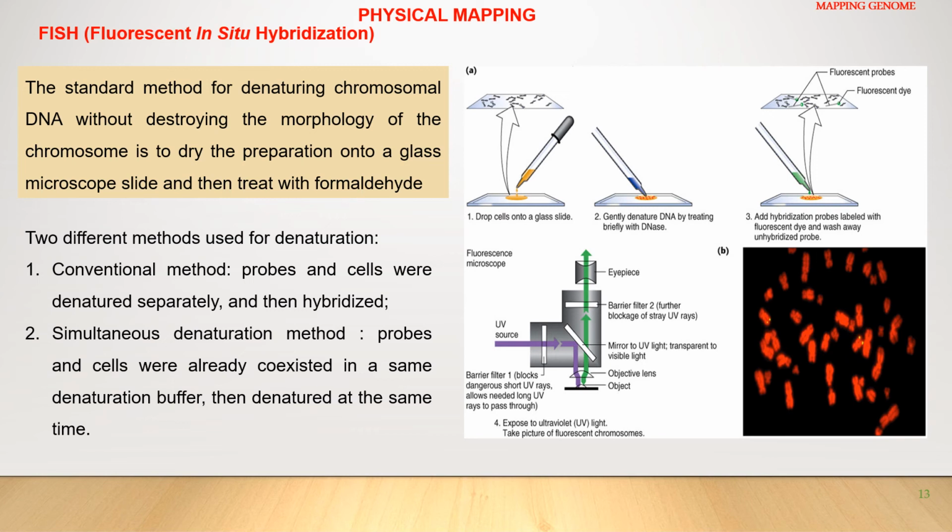These cells are then incubated overnight at 37 to 42 degrees centigrade. After the hybridization, the cells are washed to remove unbound probes. The slides are then processed and viewed under a fluorescent microscope.